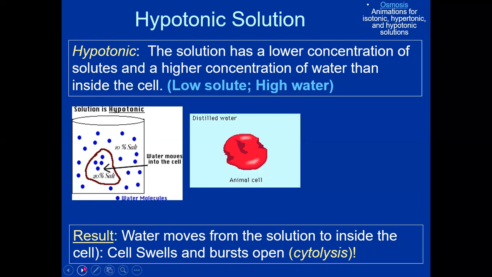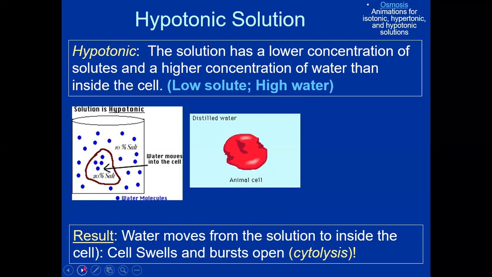These terms can be used interchangeably. For example, if the inside of the cell is highly concentrated, we are going to say the inside of the cell is hypertonic. If it is less concentrated, we are going to say the inside of the cell is hypotonic. So in one environment, you can have hypotonic, in the other environment, you can have hypertonic.